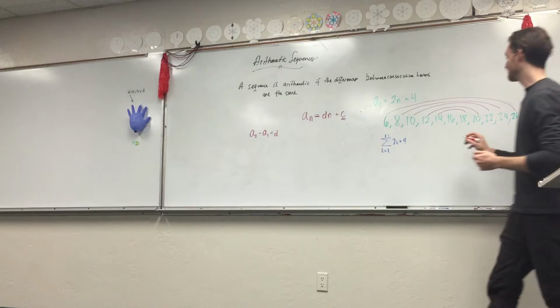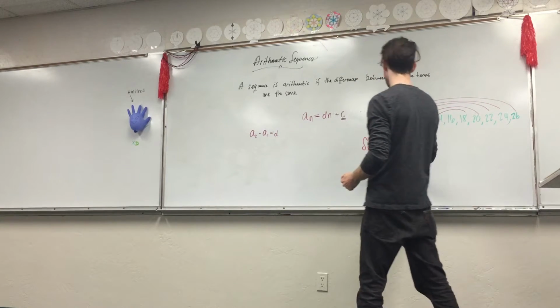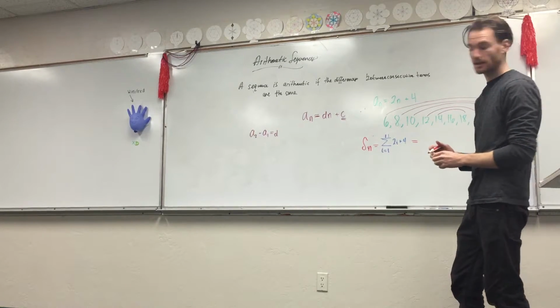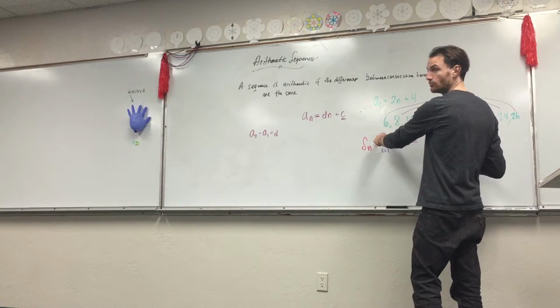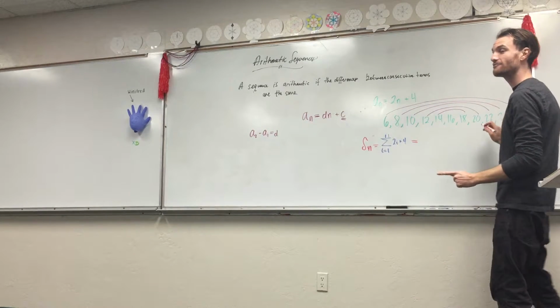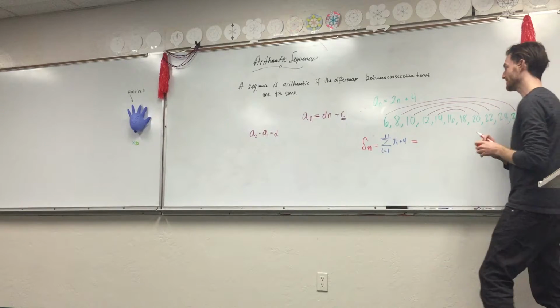Okay, if I say Sn is equal to this sum, then this sum equals n, which is my final number. How many pairs do I have? I have 5.5, right?